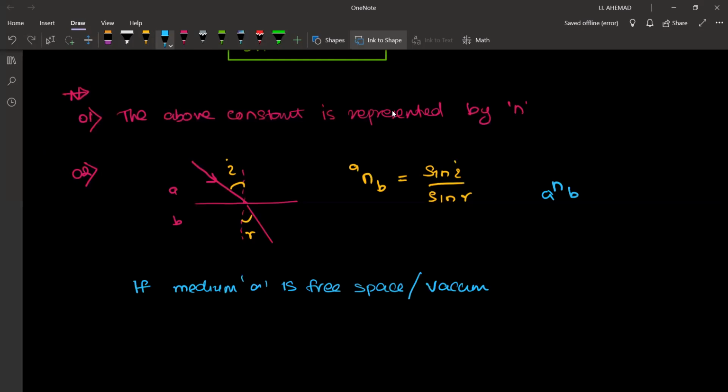So we use both notations. It's okay if you write it above or if you write it below. Both of them are correct. But the side is important. What you write to the right of N is the refractive index of that medium with respect to the one on the left.